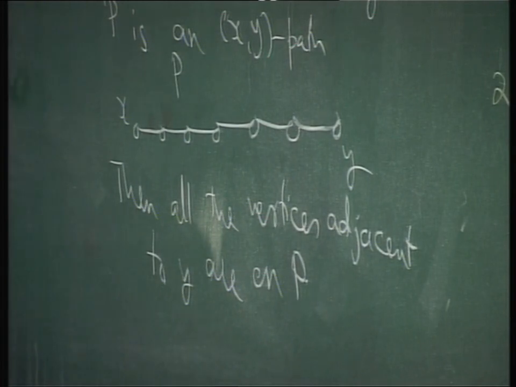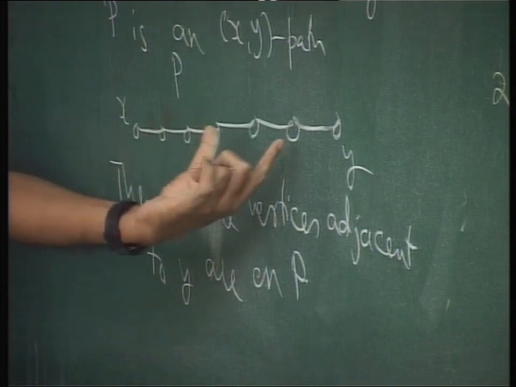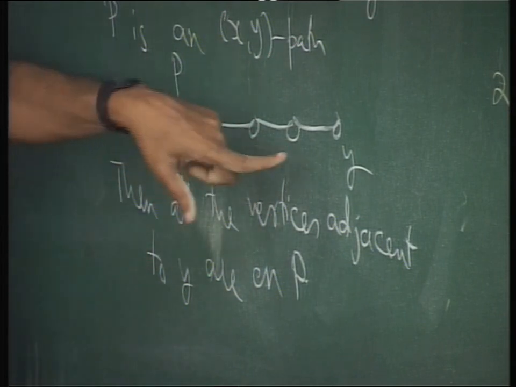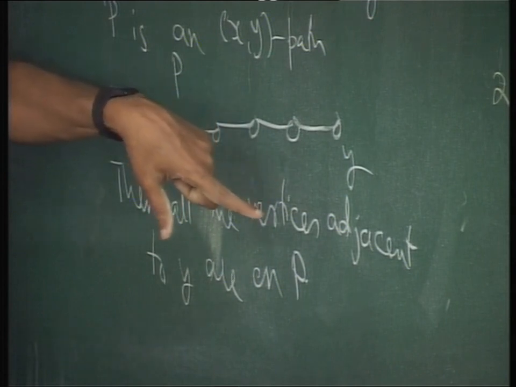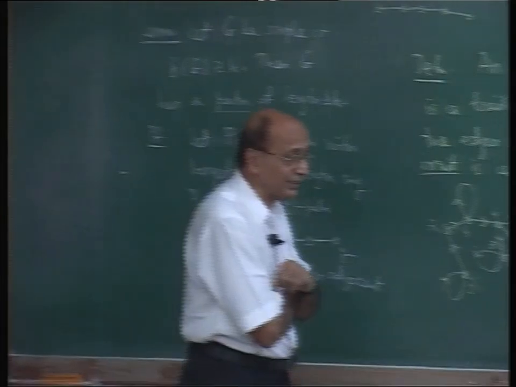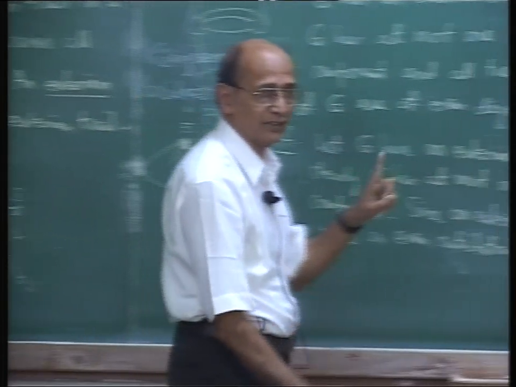How many vertices are adjacent to y? At least k. Therefore, there are at least as many as k vertices here other than y itself. Okay. So on this path, I have at least k plus 1 vertices.